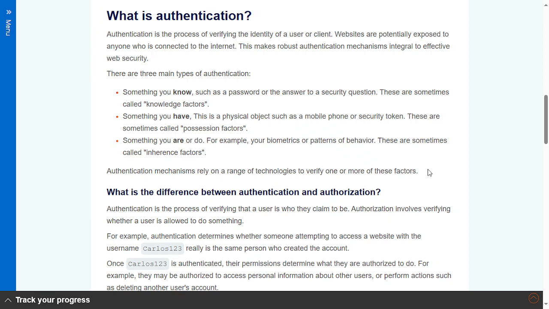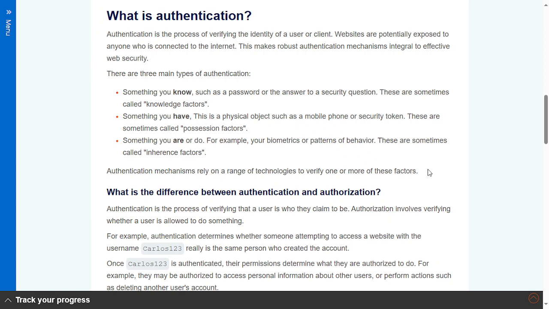There are three main types of authentication. Something you know, such as a password or the answer to a security question. These are sometimes called knowledge factors. Something you have. This is a physical object, such as a mobile phone or security token.